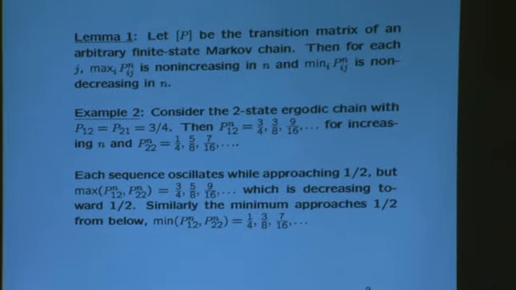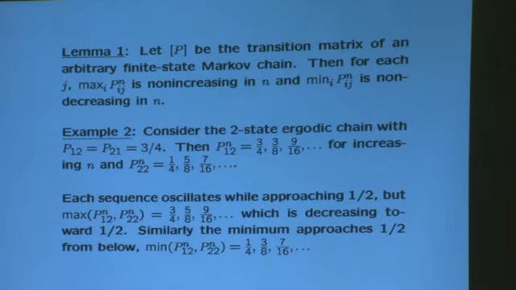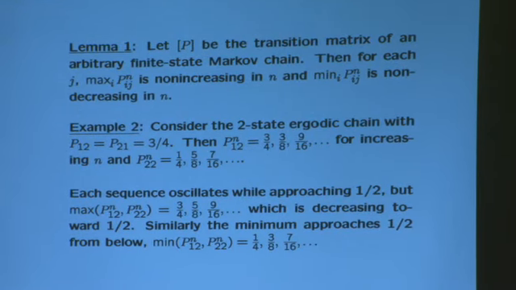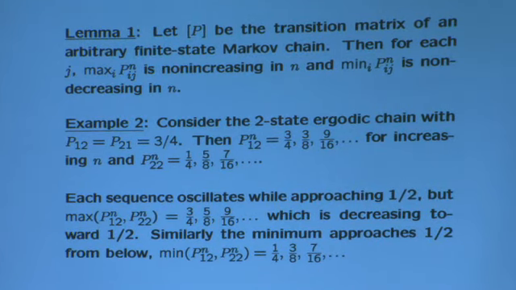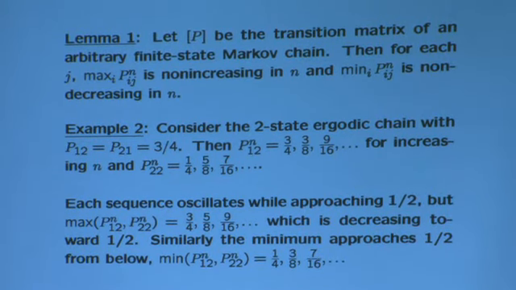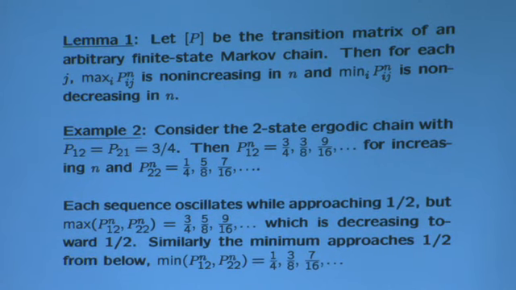So if we take the maximum of these two, P12 and P22, because that means that we're going to end at state 2, and maximum over n steps, then we just look at these two numbers, the 3/4 and 1/4. If you want a maximum, then it's going to be 3/4. The 3/8 and 5/8, the maximum is going to be 5/8.